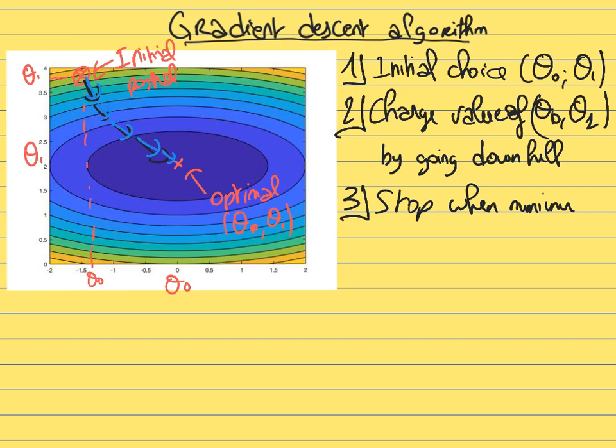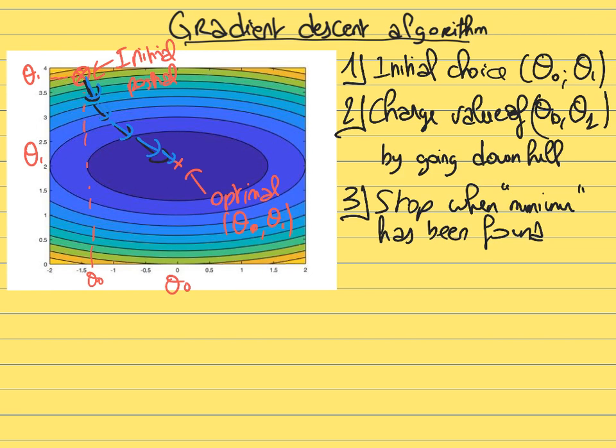I'm going to put minimum in quotes because you can never find the true minimum of this function. We'll come back to this, but you can get as close as you want to the minimum, but you can never be at the exact location of the minimum. So you need to stop when you are close enough to the minimum.